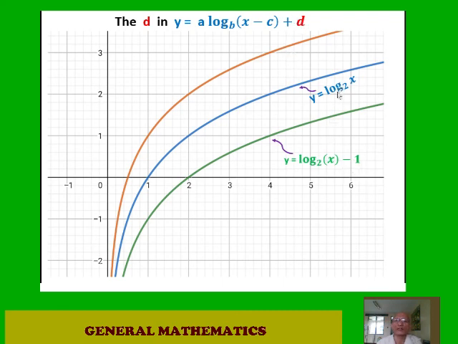If we subtract 1 from the original function, the graph is shifted down. This is the original function, it moves 1 unit downward. If we add 1, log x base 2 plus 1, the graph is shifted up 1 unit.